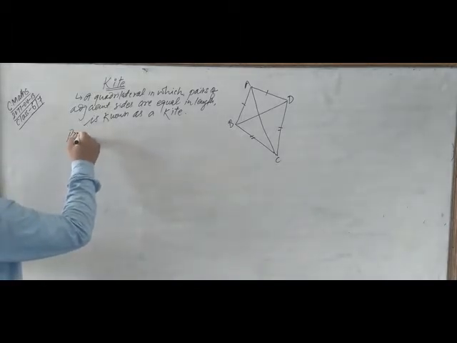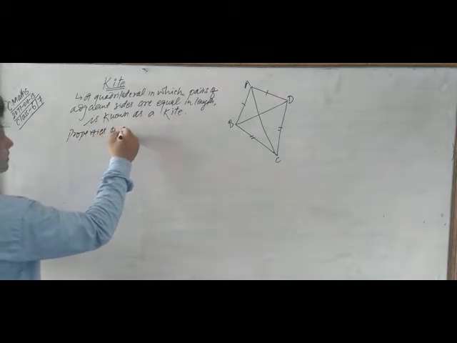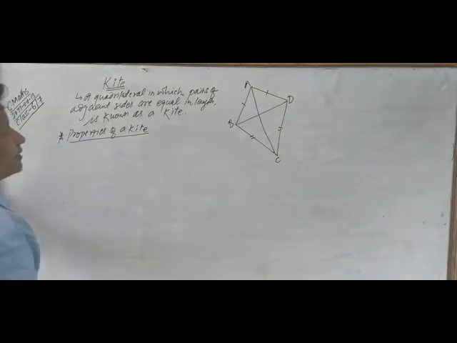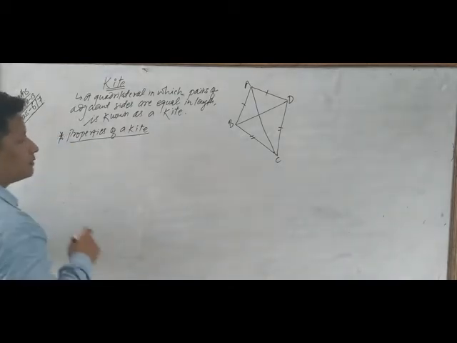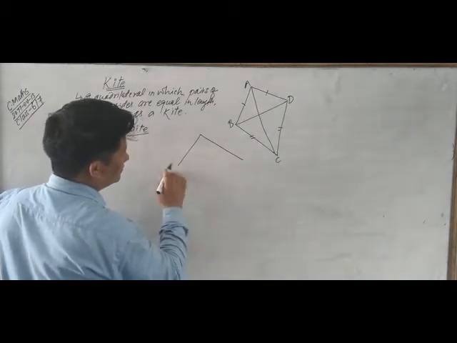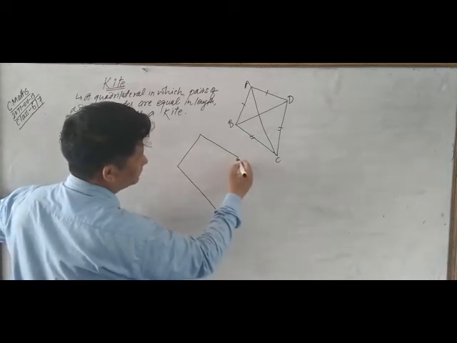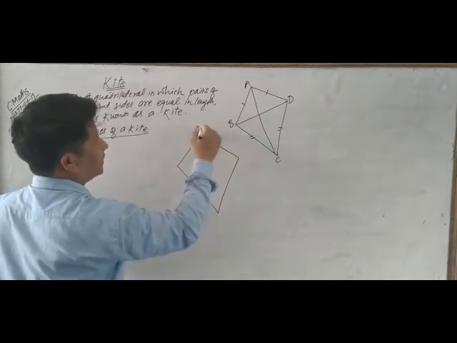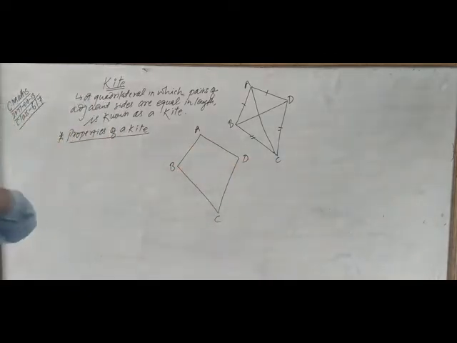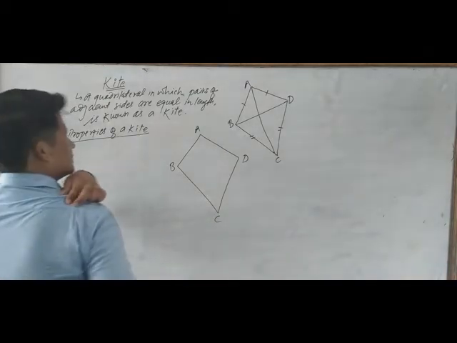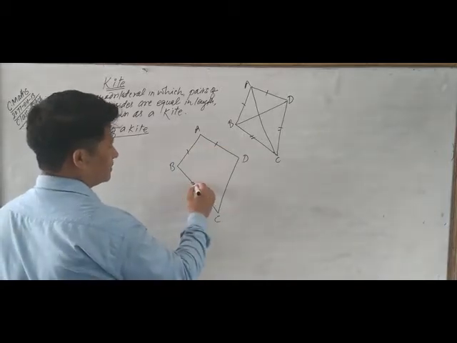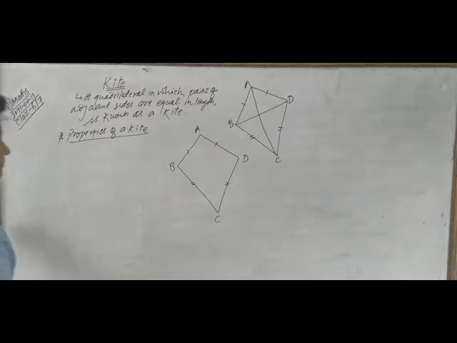Now I am talking about the properties of a kite. Let's talk about the properties of a kite. I am going to draw the figure. This is the figure, A, B, C, D. It is a kite where AB and AD are equal, and BC and CD are equal.